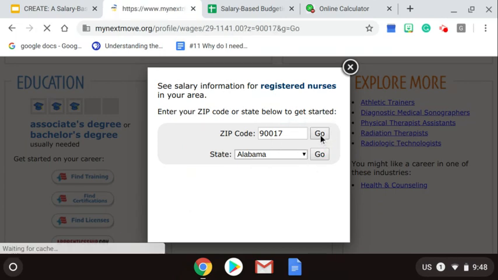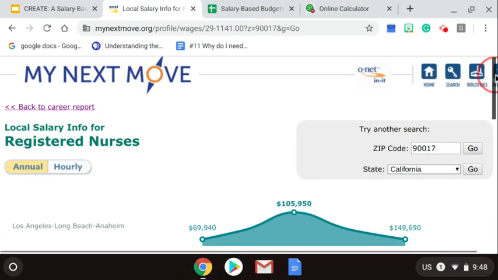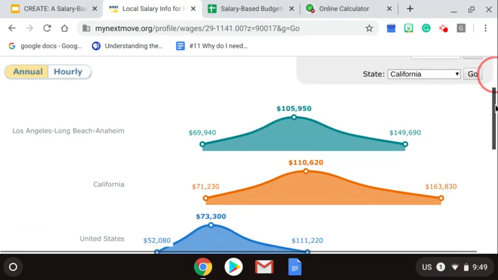The first graph shows you the national average, which wouldn't really be fair if you live in LA, because in a small town you're not going to get paid more, since the cost of living in small towns is very low compared to big cities like San Francisco, Los Angeles, Chicago, New York, even Miami.